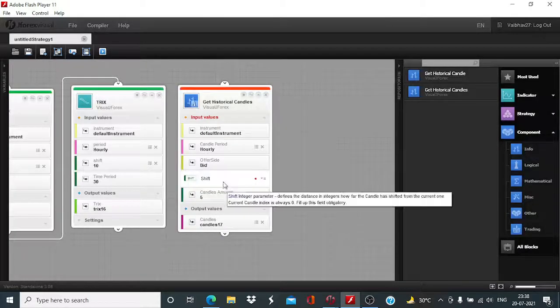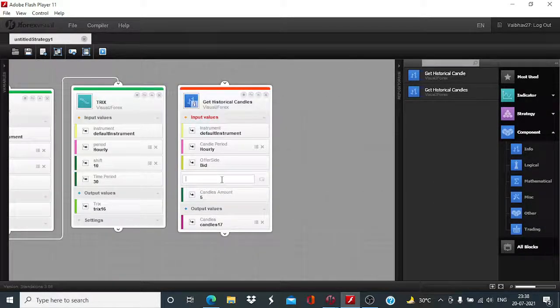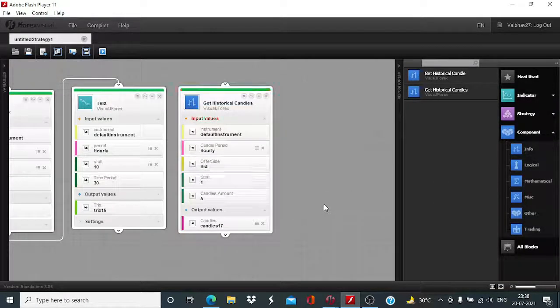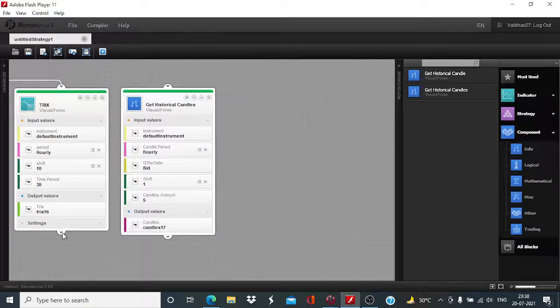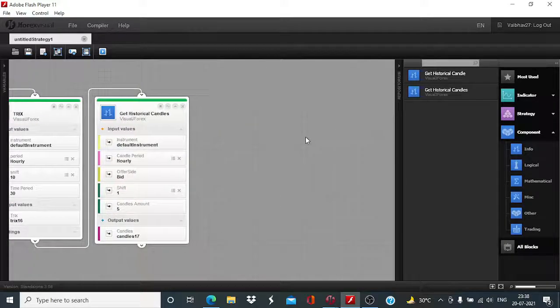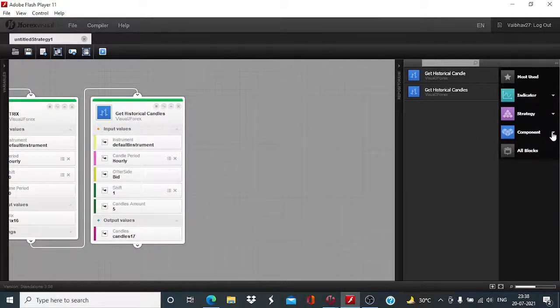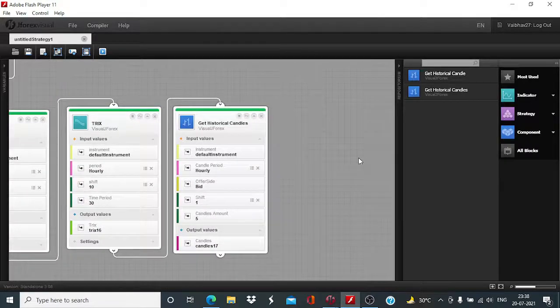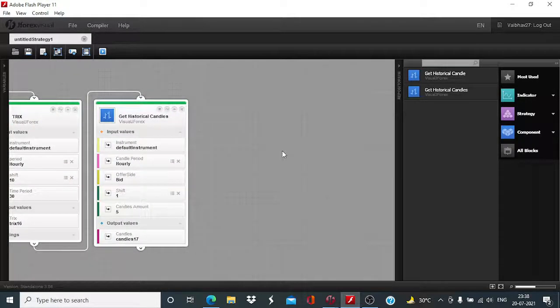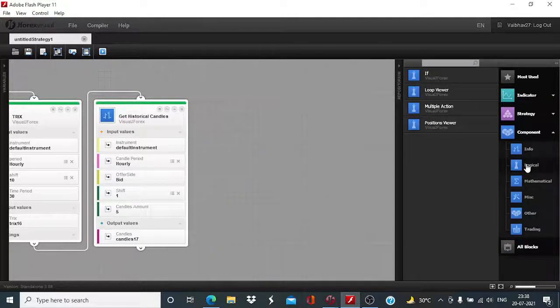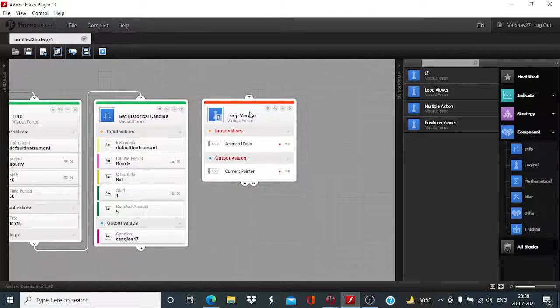Shift is going to be 1. And with this, we are also going to need a logical component loop viewer to retrieve the individual variables from this array of data.